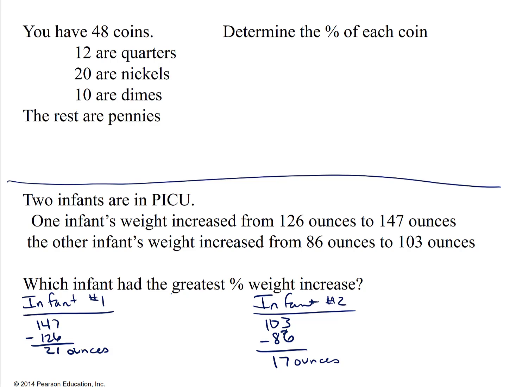So one gained 21, one gained 17, but we want to know what is their percent. So they gained 21. What was their starting weight? So you're comparing how much weight they gained compared to what they started at. So how would I figure out the percent for infant 1?